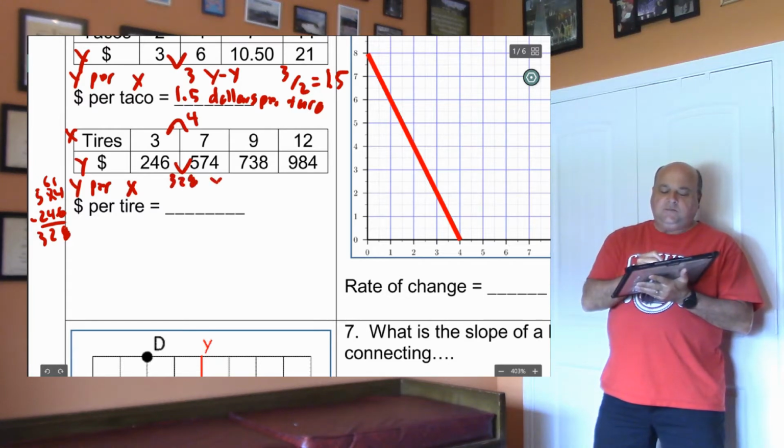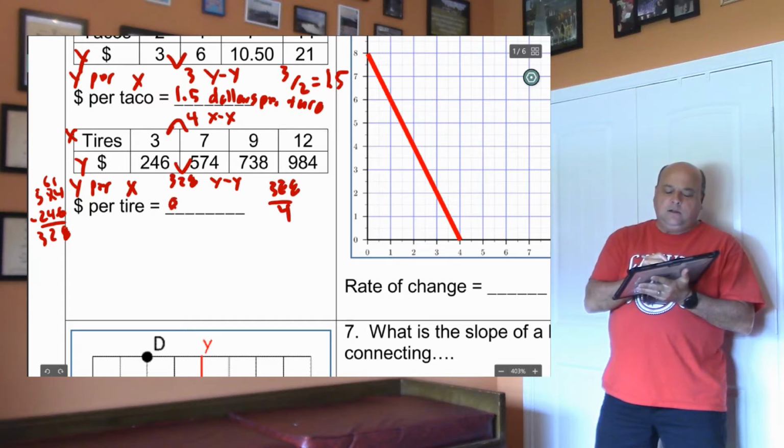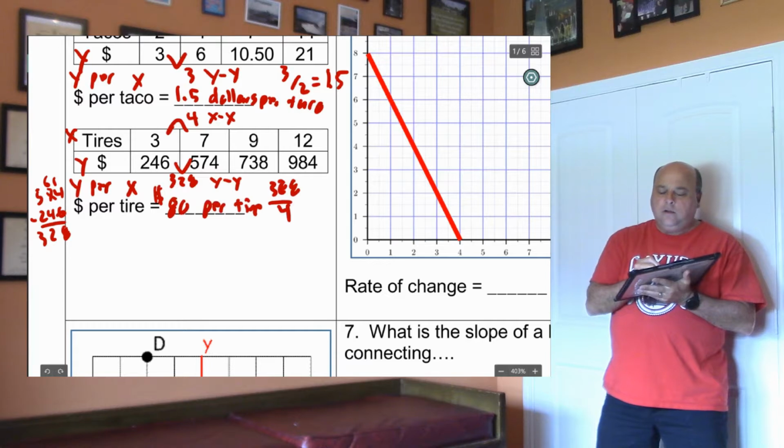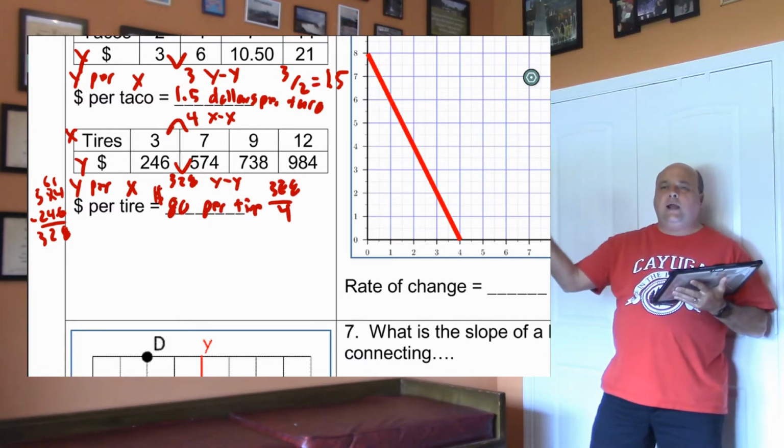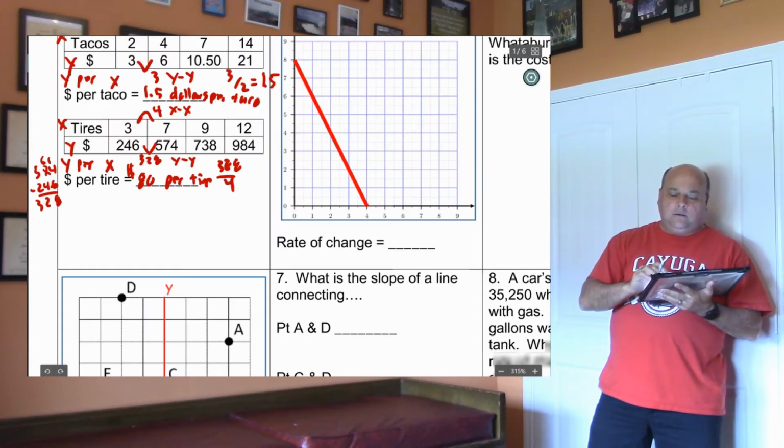Okay, so this is my y minus y, this is my x minus x. I'm going to get 328 over 4, which is going to be 82. So $82 per what? Tire. Remember, your slope is y per x. That's how you write it out.